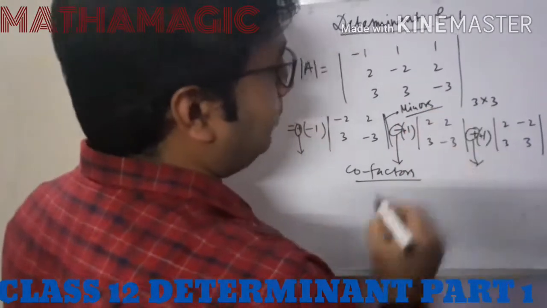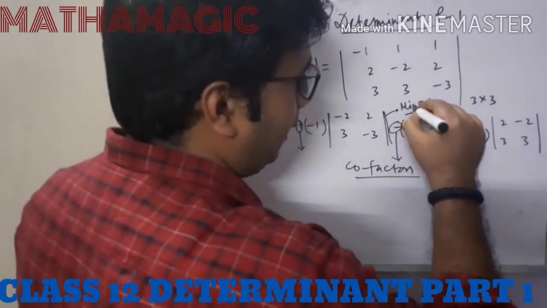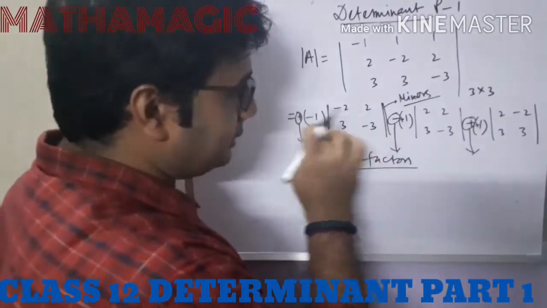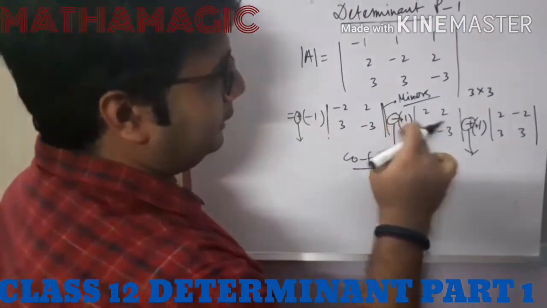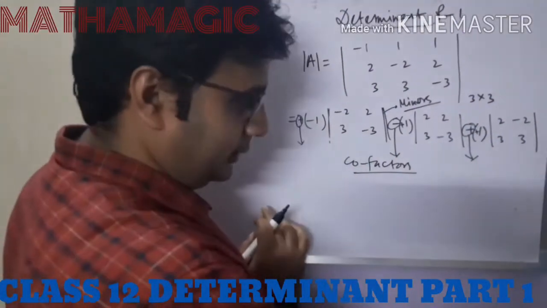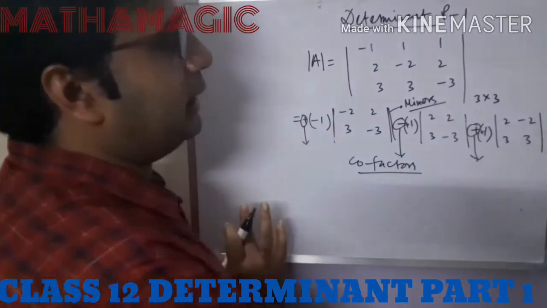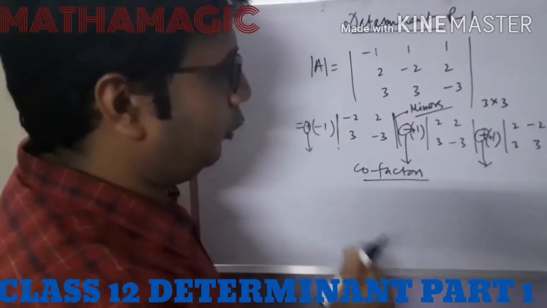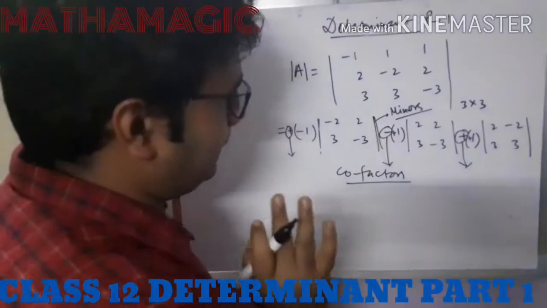These are called as minors. These determinants are called as minors, and the signs that are coming out here, plus, minus, plus, are the cofactors. Now, we need to understand from where the cofactor comes. What is the logic behind this plus, minus and plus?